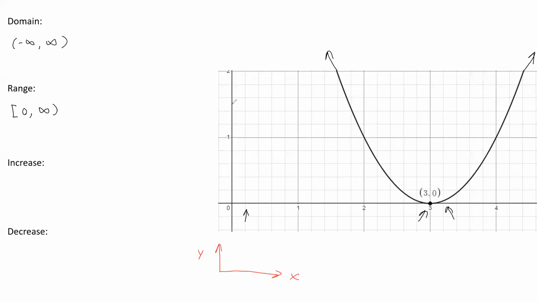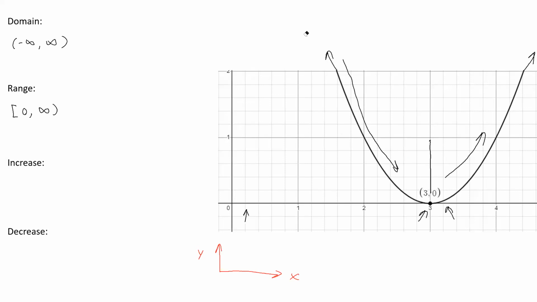For intervals of increase and decrease, we only write down the x values where they happen. For the interval of decrease, remember that's anywhere to the left of this line. So this is decreasing, and anywhere to the right of this line, it's increasing.